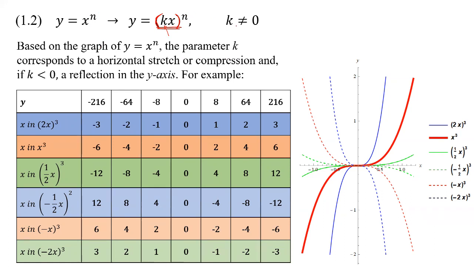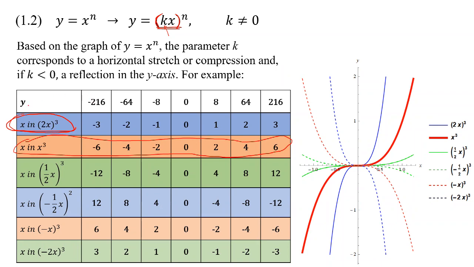Note here k is not 0. Let's consider a function here. This is our original function, which is y equals x cubed, right? For example, let's consider the first transformation here. If we put a factor of 2 with x itself inside a cube, what will happen?